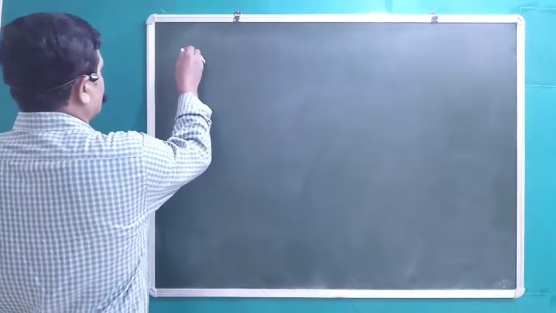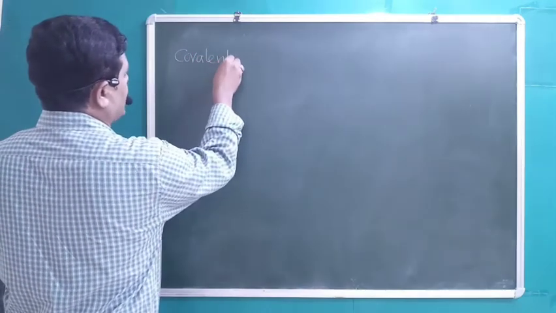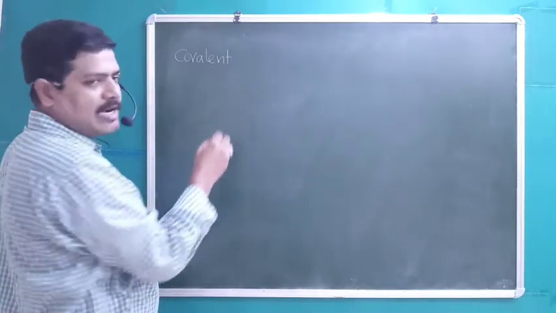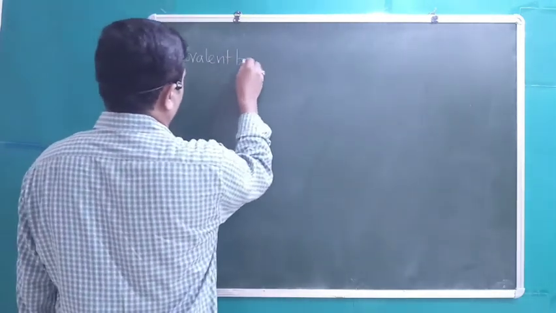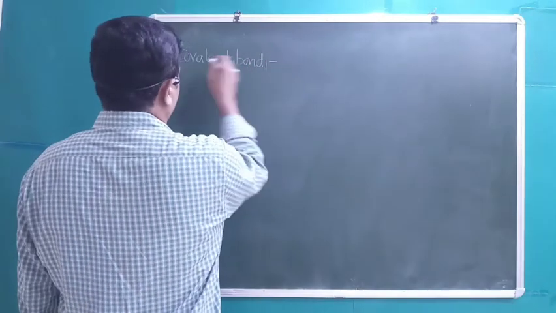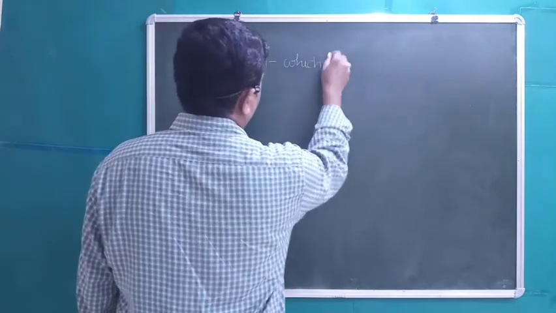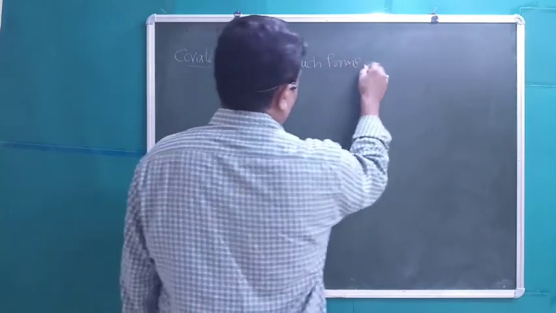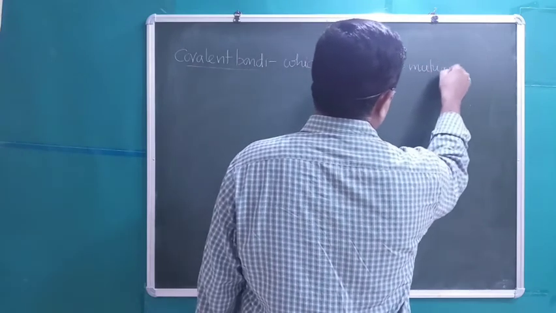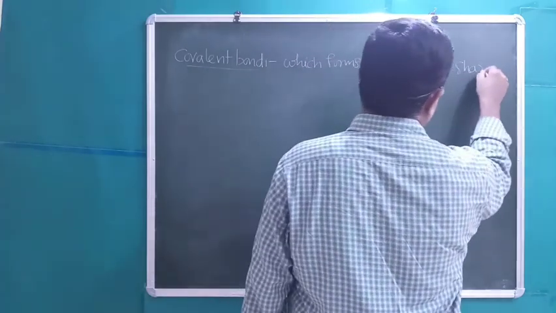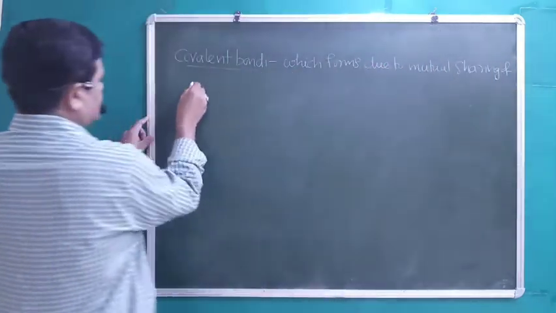Dear students, covalent bond is a bond between two non-metals. Bond between non-metal and non-metal is a covalent bond, which forms due to mutual sharing of electrons.